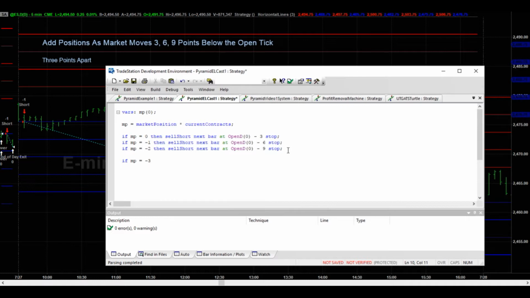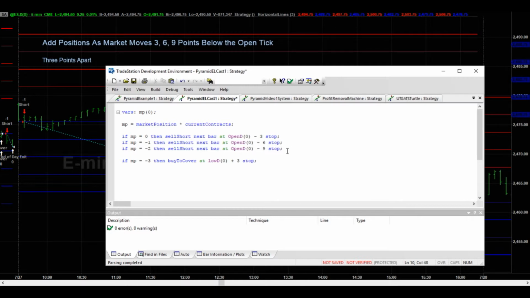Negative is short, positive is long. So we're going to say if MP equals 3, then we want to buy to cover. Buy to cover means just to get out of the trade, get out of the short trade, I should say. At the low of the day, as it's being made, right, plus 3 on a stop.